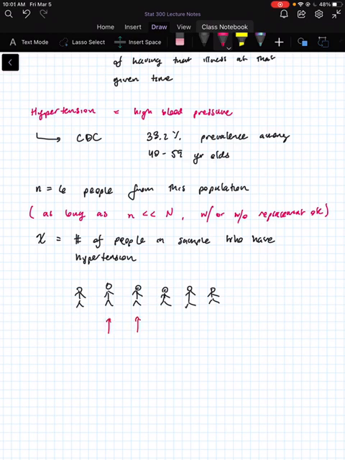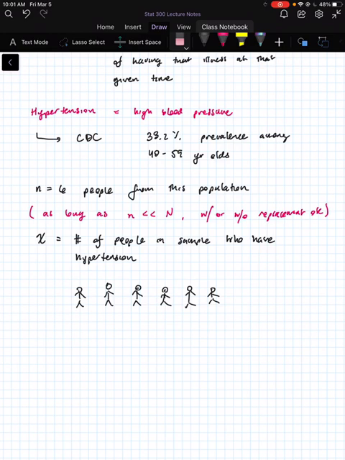So it could be these 2, in which case X equals 2, or it could be these 2, and then again it would be X equals 2. So that part doesn't matter to us. All we care about is how many people in the sample. So order doesn't matter here. In short, we're interested in combinations, not permutations.